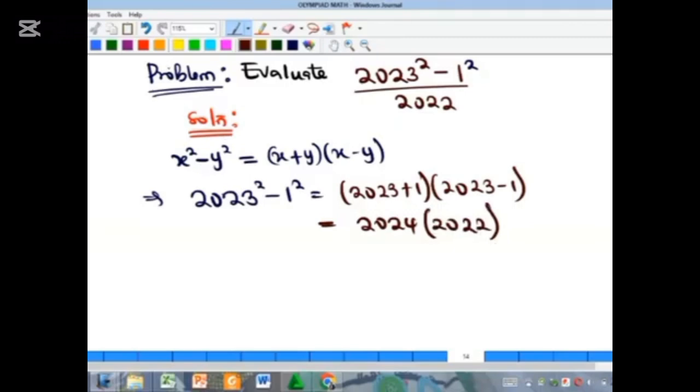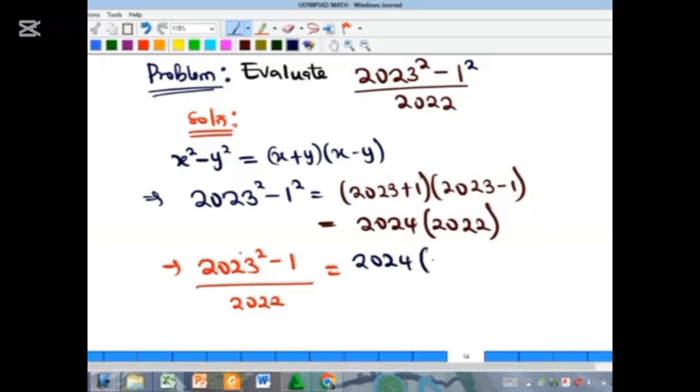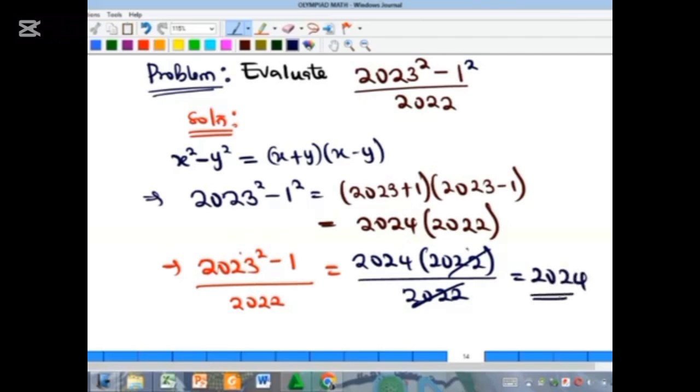And if you watch now, you would see that our 2023 squared minus 1 all over 2022 is simply equal to 2024 multiplied by 2022 all over 2022. Quickly you can see this will take away this. So the solution to this is simply equal to 2022.